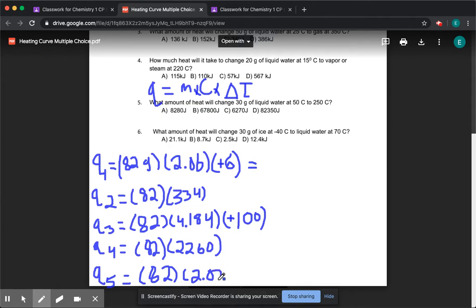And then we need the change in temperature. We're going from 100 to 120. So that's a total change of positive 20. Okay. And now plug everything into your calculator.